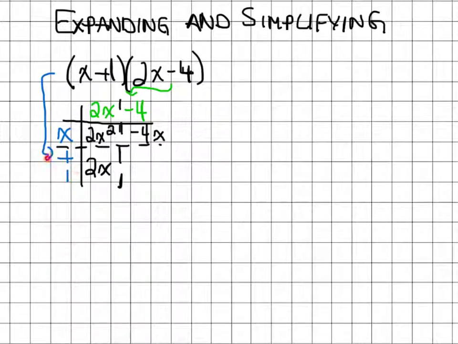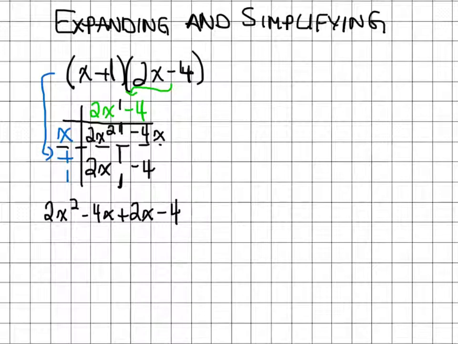And then I have positive 1 times negative 4, which is negative 4. Then I'm going to take all of the terms in here and add them all together. So I have 2x squared minus 4x plus 2x minus 4.